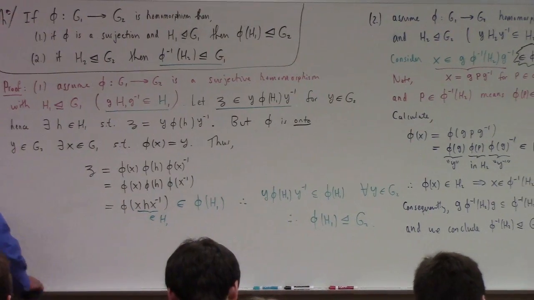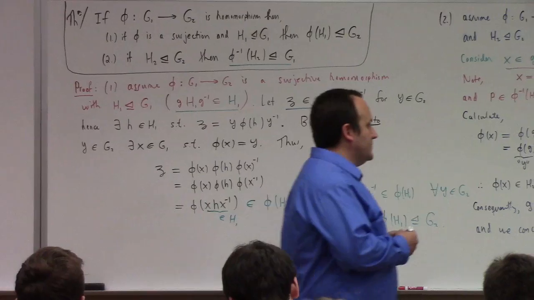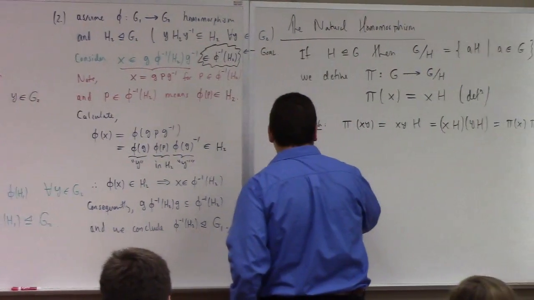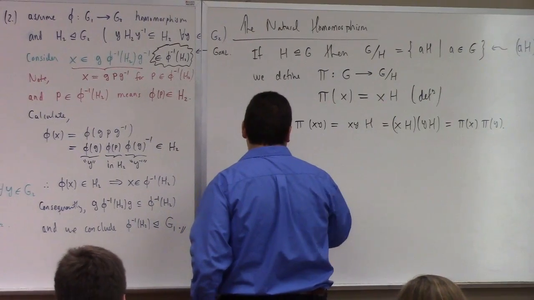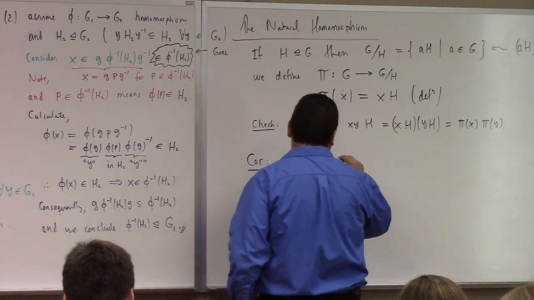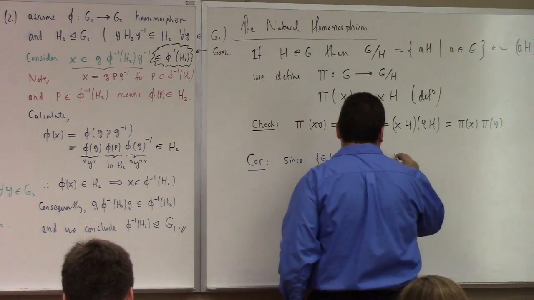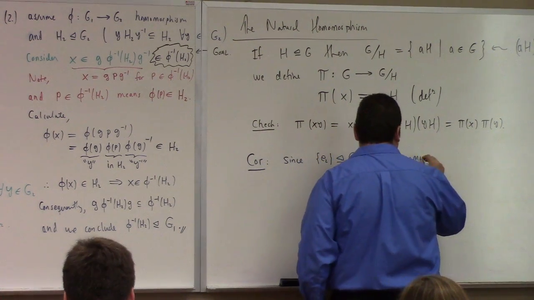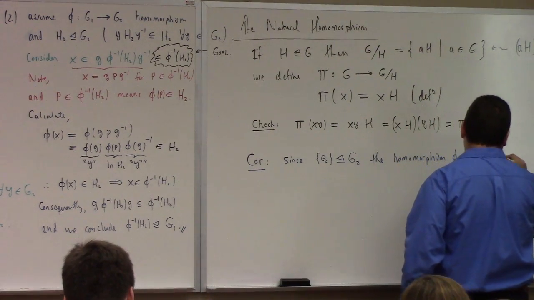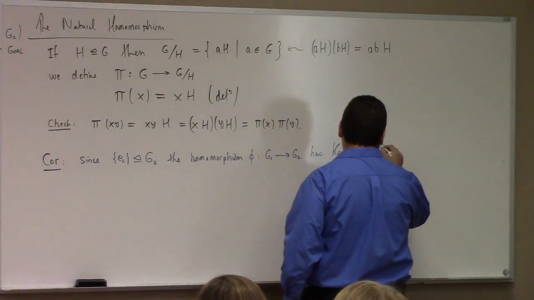All right. So this is pretty awesome because there's a corollary here, right? Since the trivial subgroup {e2} is a normal subgroup of G2, the homomorphism phi from G1 to G2 has kernel of phi a normal subgroup of G1.